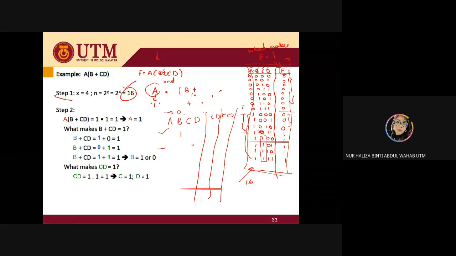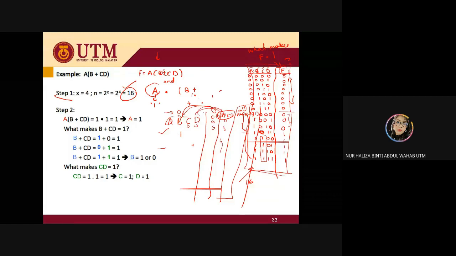Then you have F, which is A dot (B plus CD). From this C dot D, you need to refer to C and D here. This is an AND gate. What is your output? From this output, CD, you add with your input B, you get the output. And then from this value, you do the multiplication with A, which is an AND gate. So you get your final output. So there is a manual way, with several steps.